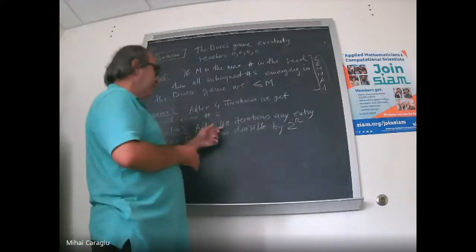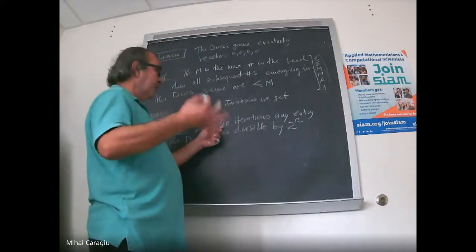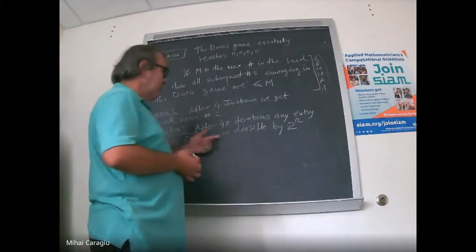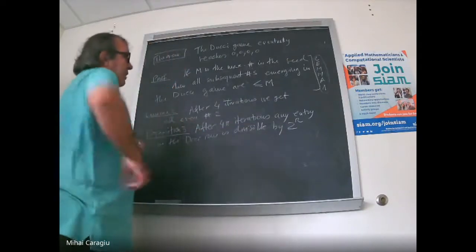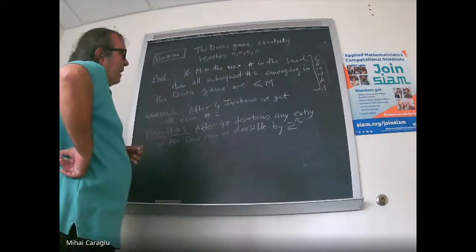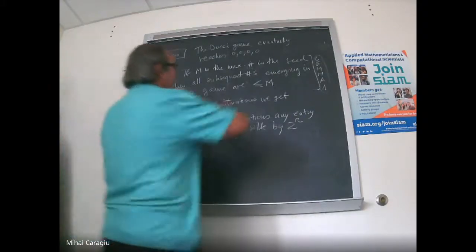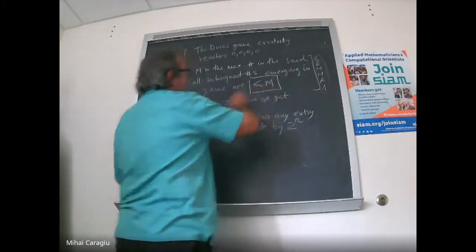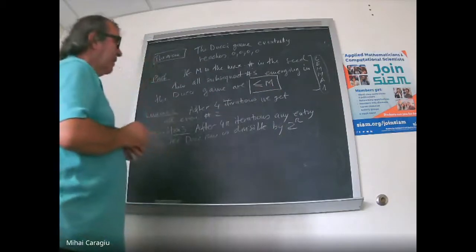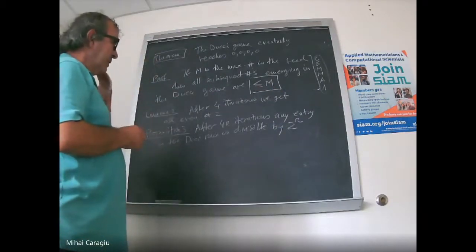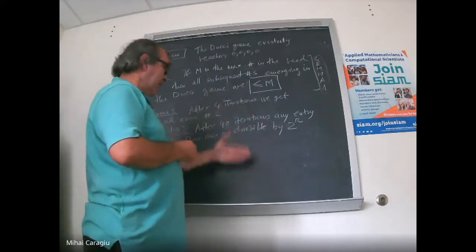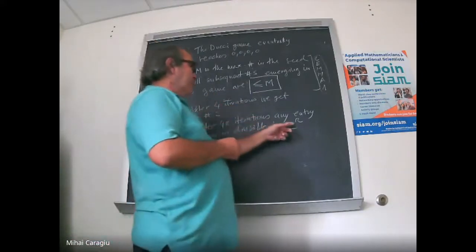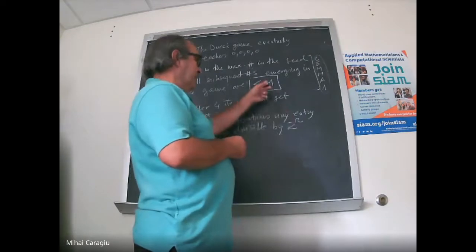So after 4n iterations or more, all the numbers in any Ducci row are divisible by 2 to the power n. So what do you make of a number which is bounded from above by n, if as the iteration goes by, at some moment 2 to the power n gets even bigger than n?